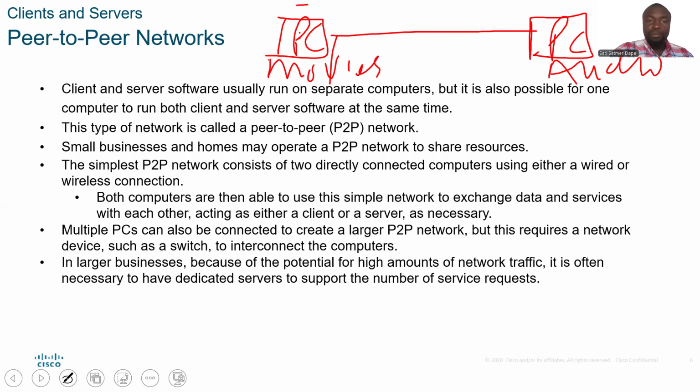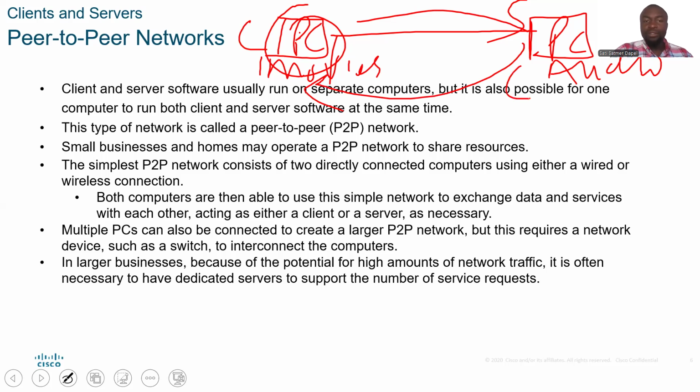Today, this PC serves as a client and this one serves as a server. Why? Because PC1 wants to download audio files. Tomorrow, PC2 is serving as a client while PC1 is serving as a server. Why? Because PC2 wants to access movies.